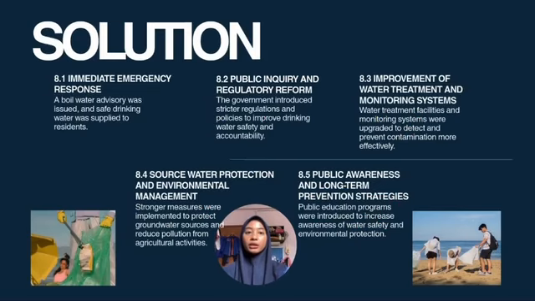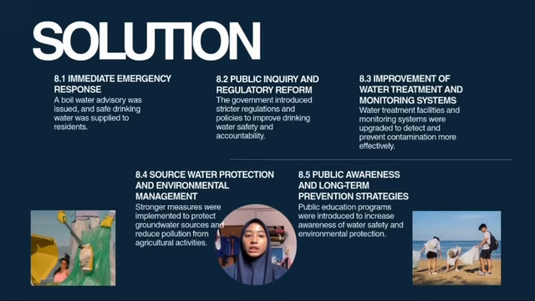Next, solutions or actions taken. First, immediate emergency response. A boil water advisory was issued and safe drinking water was supplied to residents. Second, public inquiry and regulatory reform. The government introduced stricter regulations and policies to improve drinking water safety and accountability. Third, improvement of water treatment and monitoring systems. Water treatment facilities and monitoring systems were upgraded to detect and prevent contamination more effectively.